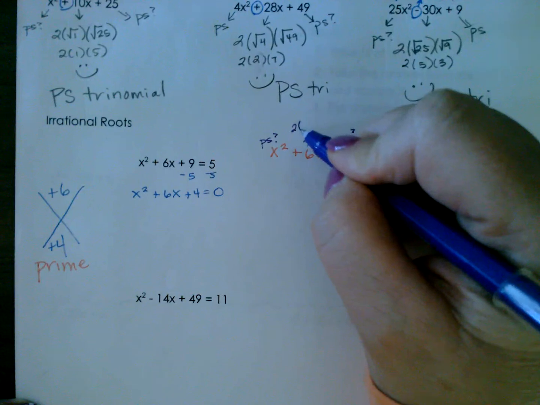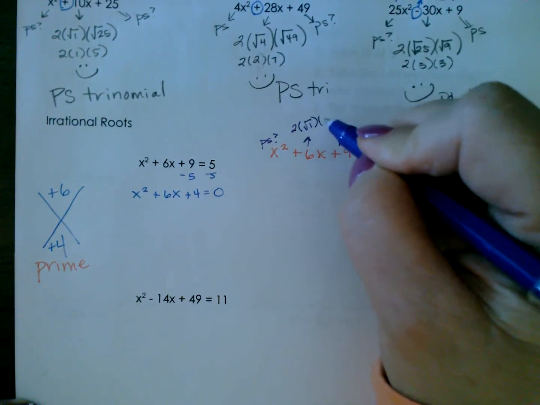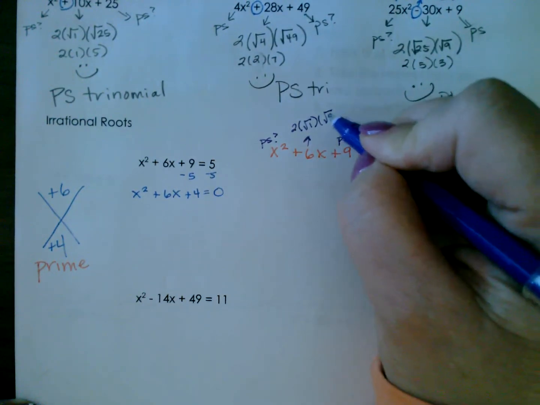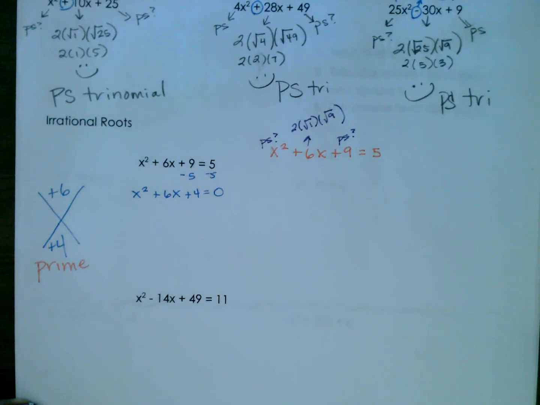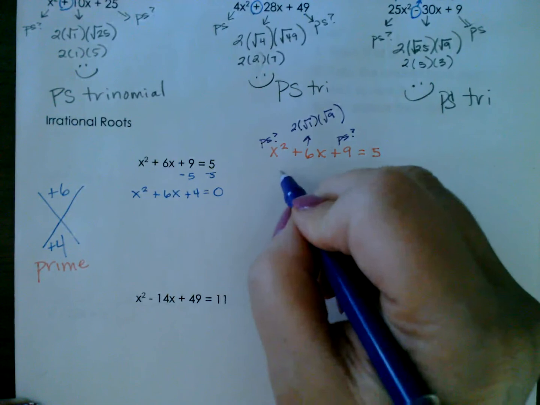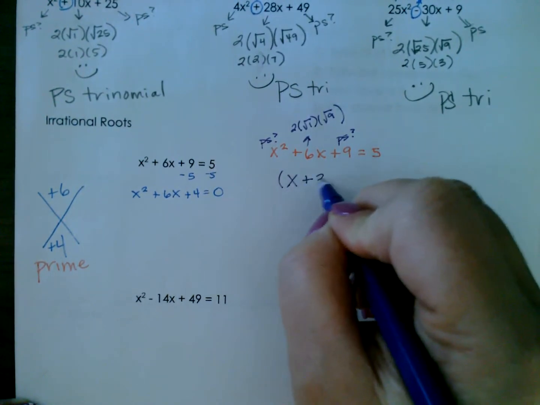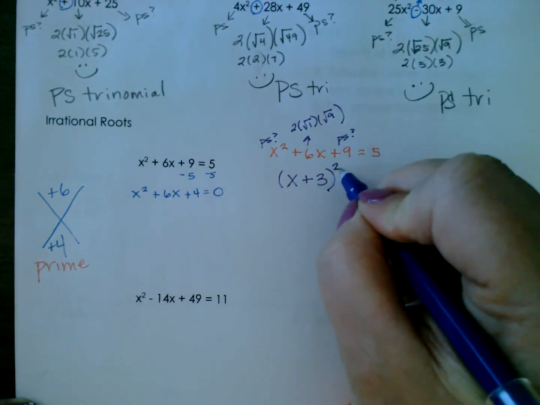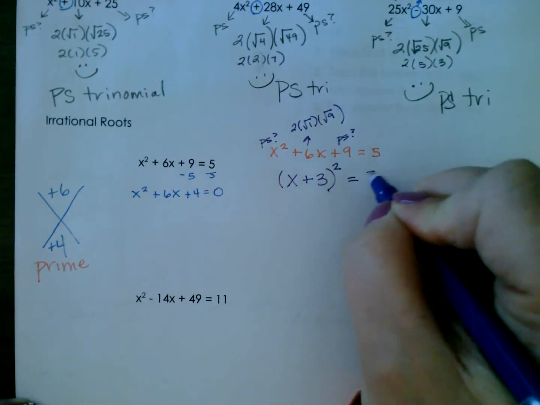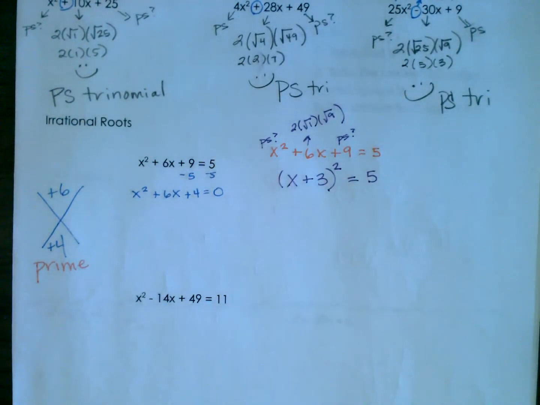Is 6 2 times the square root of the a term times the square root of the c term? Yes. In factored form, then, we would have x plus 3 squared, and it would still equal 5.